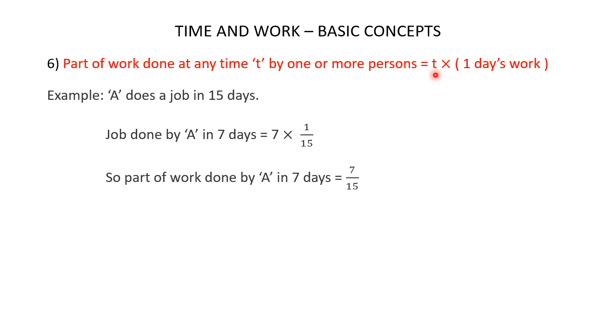Here T is 7 and one day's work is 1 by 15. So job done by A in 7 days is equal to 7 multiplied by 1 by 15, which is nothing but 7 by 15. So if A does a job in 15 days, then part of the work done by A in 7 days is 7 by 15.